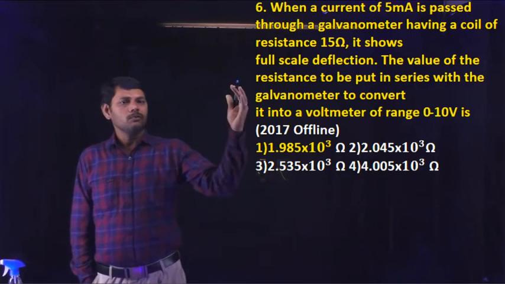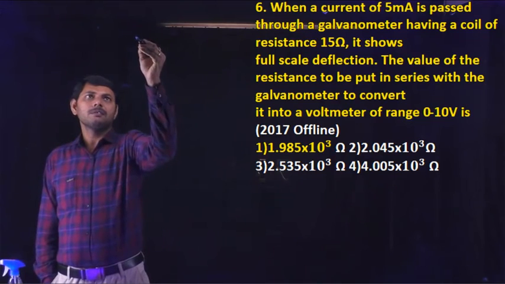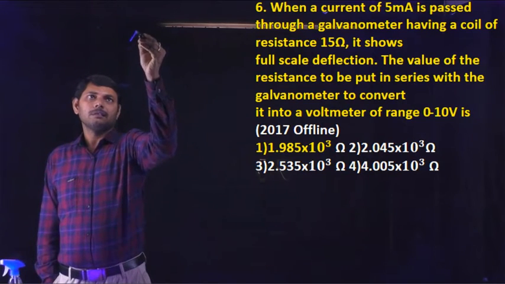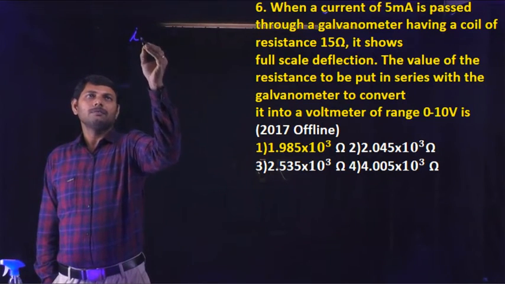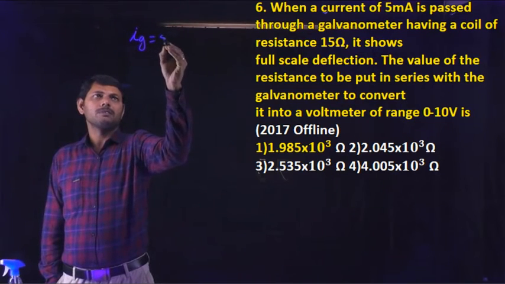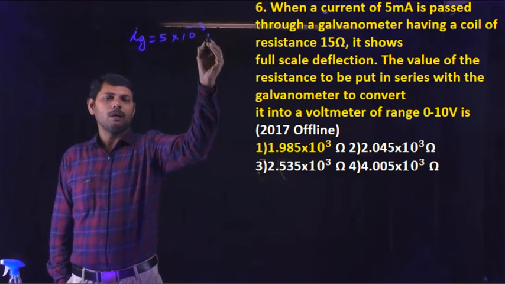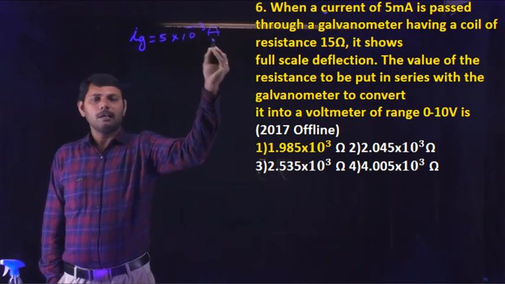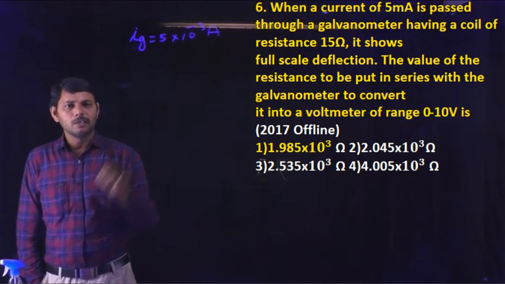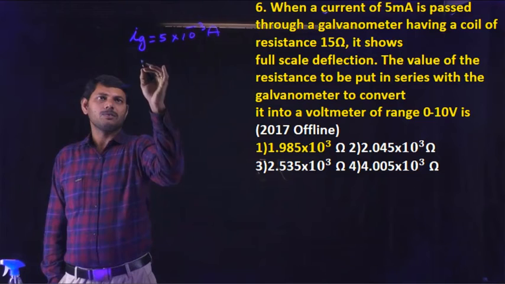When a current of 5 milliampere, so the given data is the current Ig is equal to 5 milliamperes, 5 into 10 power minus 3 ampere, is passed through a galvanometer having a coil of resistance.